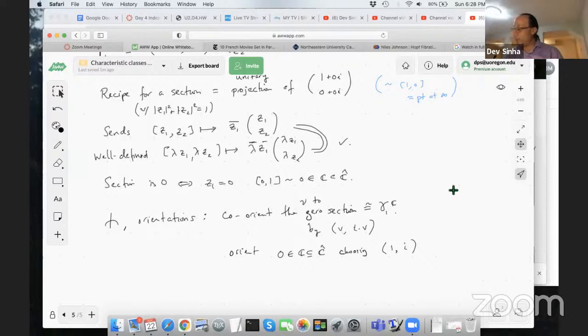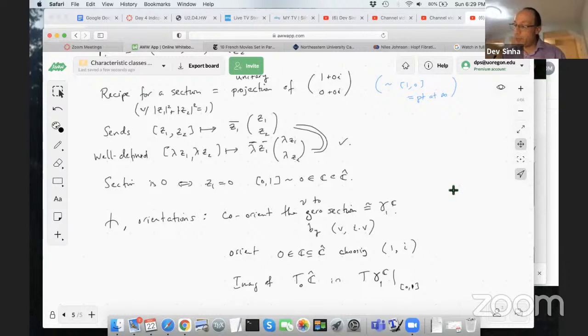the image of the tangent space at 0 inside C hat, in the tangent space of the tautological bundle restricted to just the point 0, 1, is, well, you look at how the action is up here, right?